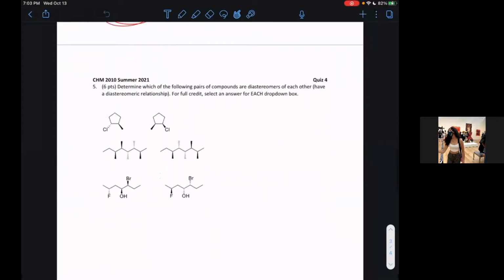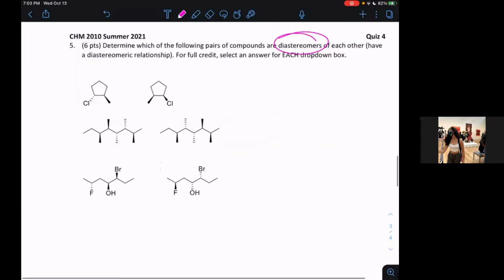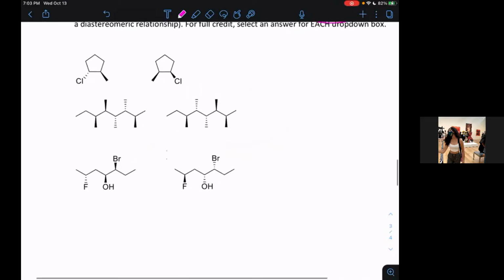Okay. So 5. Which ones are diastereomers? Diastereomers, basically when you only change one thing, or not even only one thing. Okay, let's see. This one. Oh, okay. Diastereomer.